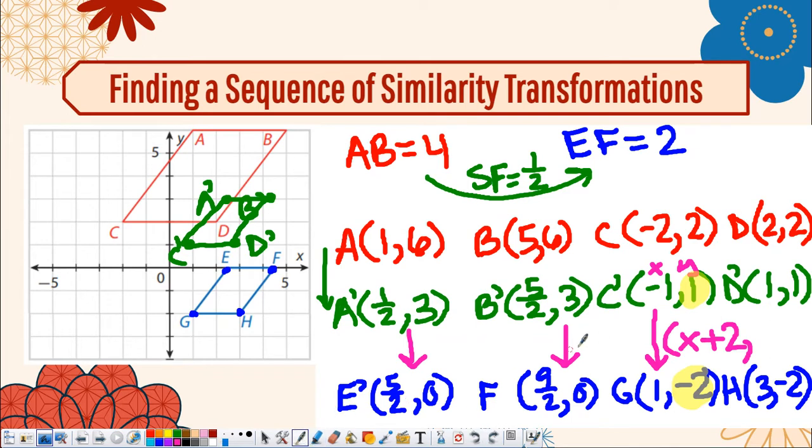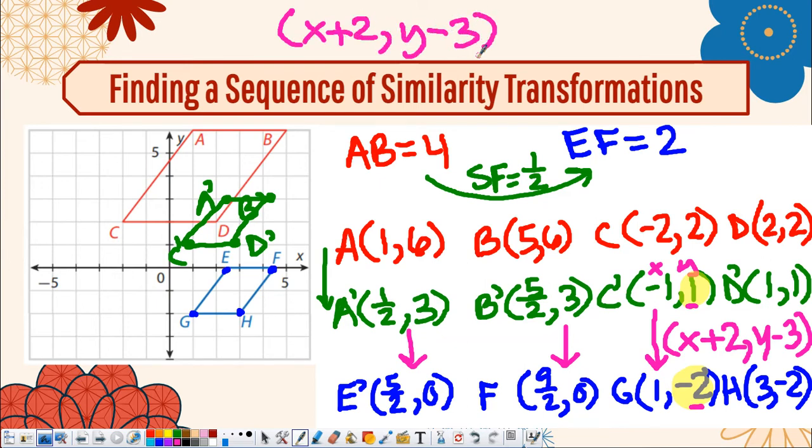The answer is, if you want to go from 1, it looks like I'm going to have to subtract because I became a negative number. I am subtracting 3. So I think that my answer is x plus 2, y minus 3. Okay, so I already did x plus 2.